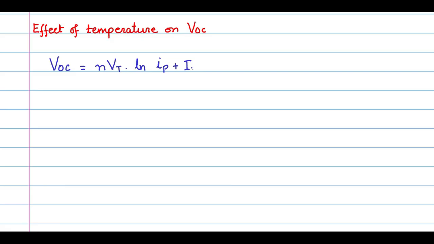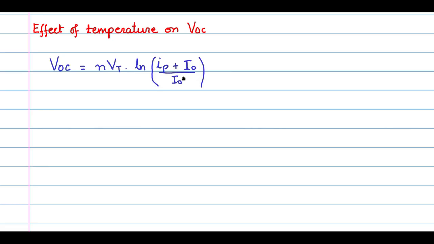It is given as this relationship where this is NVT, N is 2 for silicon, VT is the voltage equivalent of temperature, logarithm of IP, the photocurrent, over I0, the reverse saturation current.